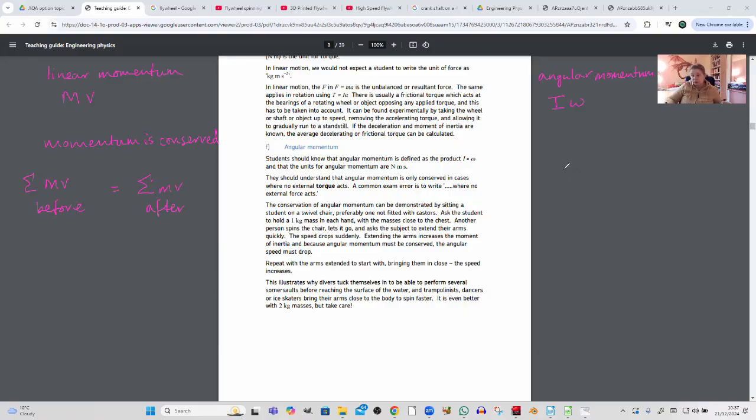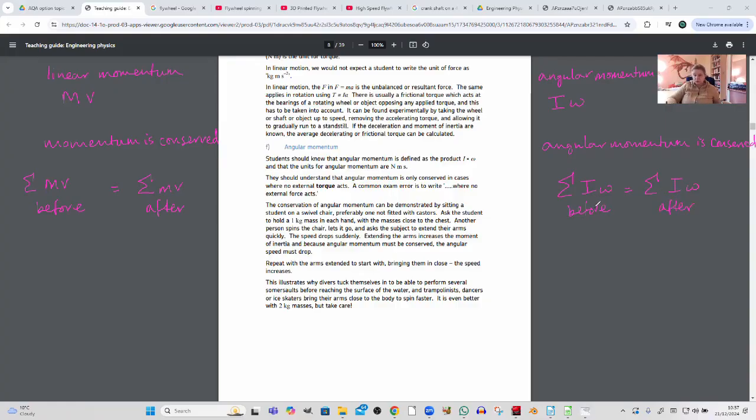And that's the same for angular momentum. So angular momentum is conserved. So the sum of I omega before is equal to the sum of I omega after.